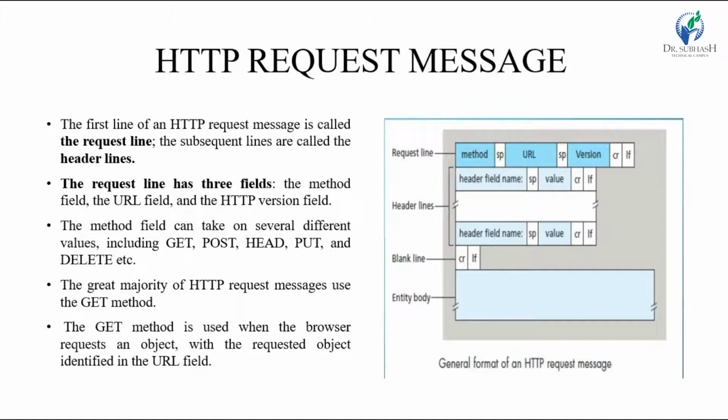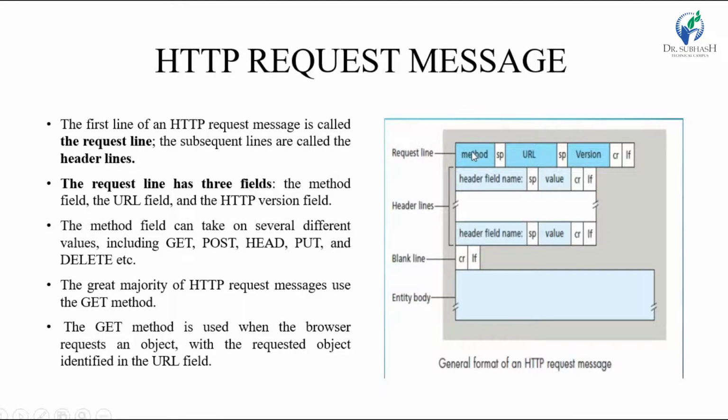First, the HTTP request message. This diagram shows the general format of an HTTP request message. This request message has four main parts: request line, header lines, blank line, and the entity body. The first line of an HTTP request message is called the request line, and the subsequent lines are called header lines. The request line has three fields: first the method, second the URL, and third the HTTP version field.